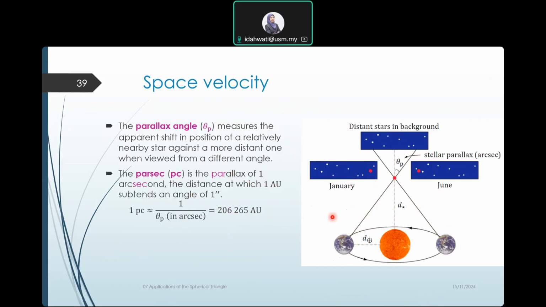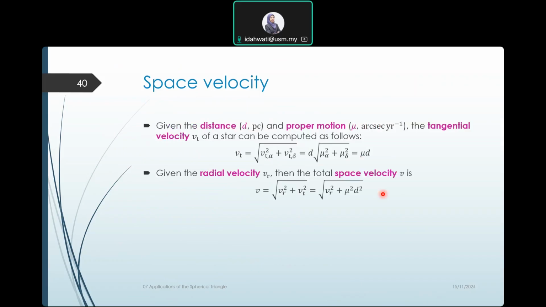It allows us to determine the distance to nearby stars by observing a star from different points in its orbit. So basically, astronomers can measure its apparent shift against the background of more distant stars. This shift is known as the parallax.